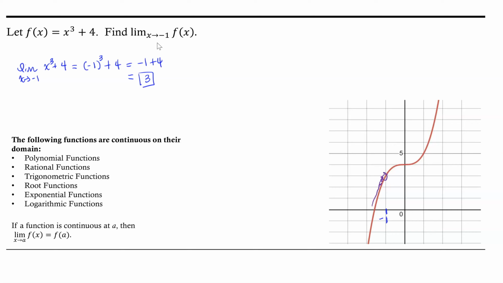And as x approaches -1 from the right-hand side, we can see that those y values are in fact getting closer and closer to 3. So the limit of this function as x approaches -1 is equal to 3.